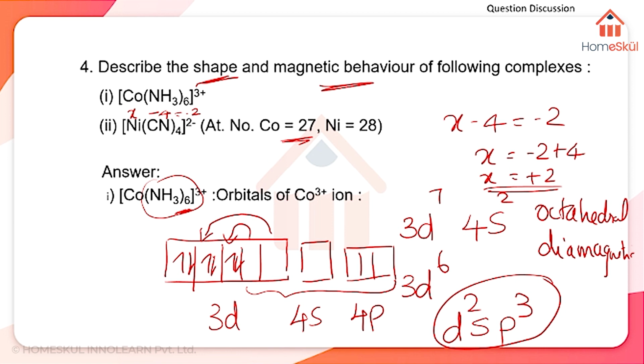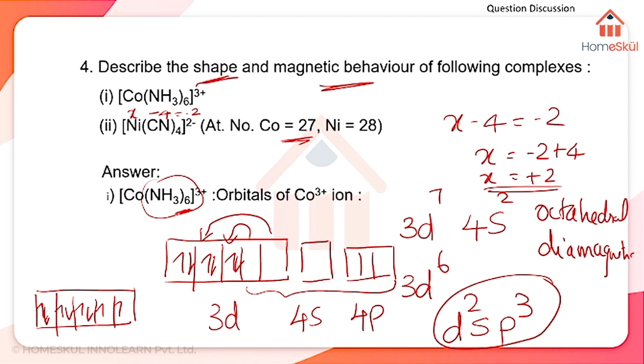Let us draw here for nickel. This is the box representation. So 8 electrons are filled in the d orbitals: 1, 2, 3, 4, 5, 6, 7, 8. And see, the cyano group is also a strong ligand, and here 4 CN groups are going to join, right? With respect to this coordination number, we can explain the shape. For magnetic behavior, we have to see the number of unpaired electrons.